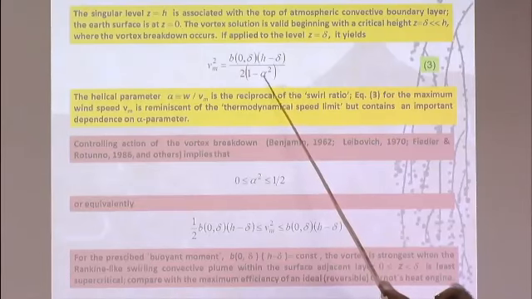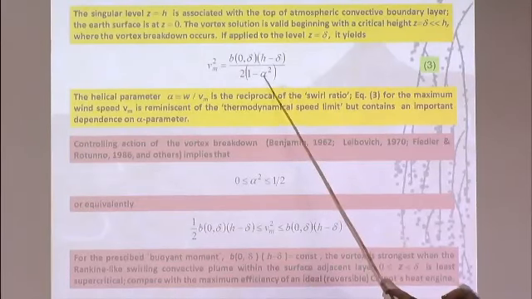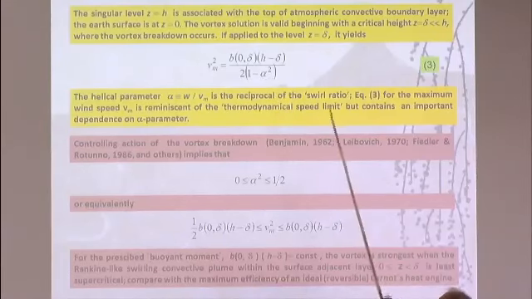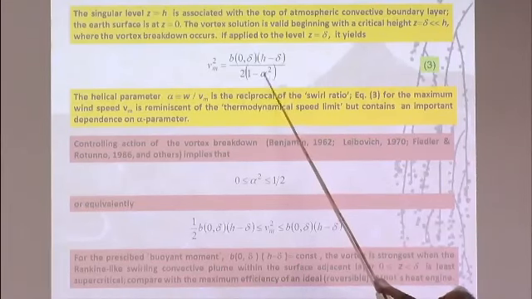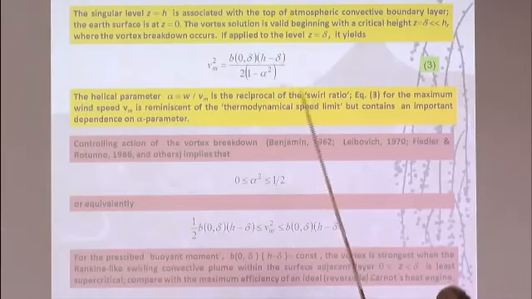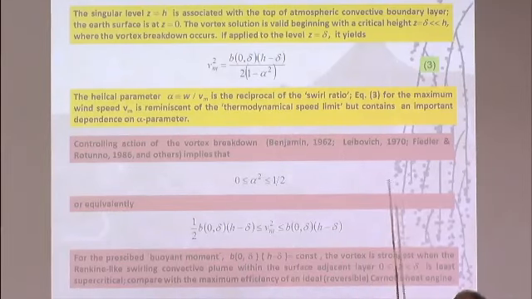So you see, this is the helical parameter. It's the reciprocal of the swirl parameter. So it's the ratio of the mean updraft velocity to the maximum rotational velocity. So alpha must always be less than unity.